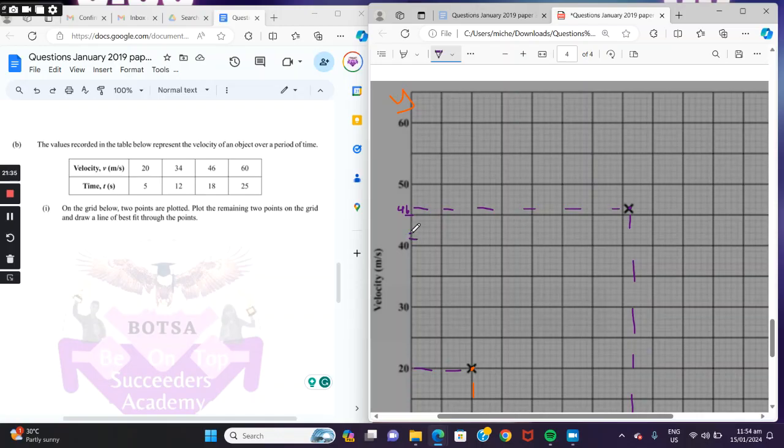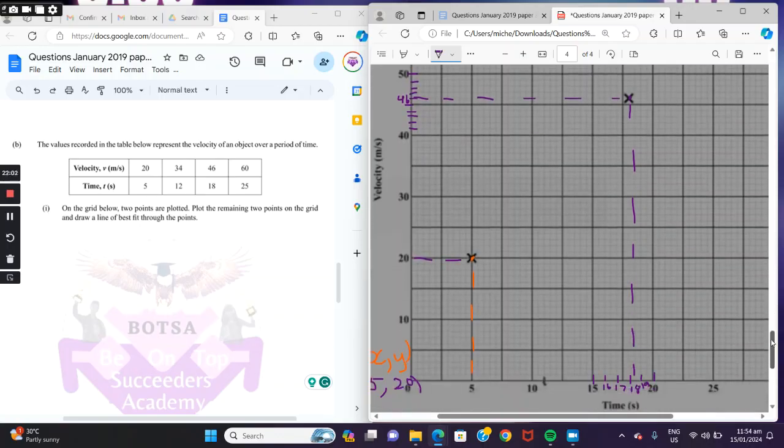So here's 41, 42, 43, 44, 45, then this line here's 46, 47, 48, 49, then you reach 50. So you see in the previous one, every two small boxes was a whole number. In this one, every one small box is a number. So you have to try to figure out these scales. So that's how I know.